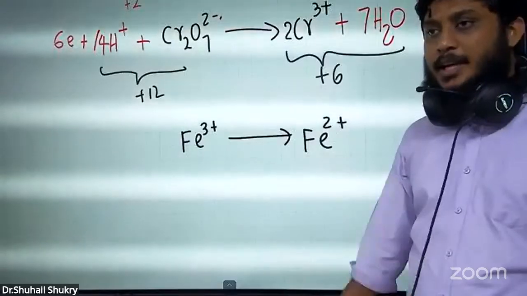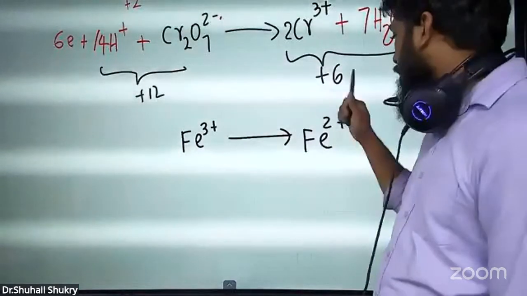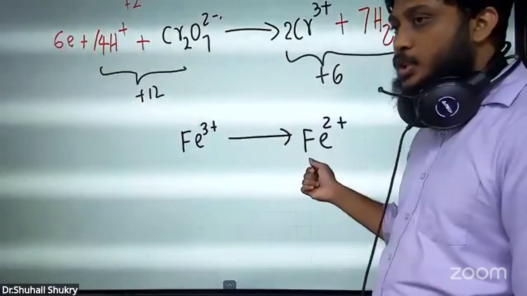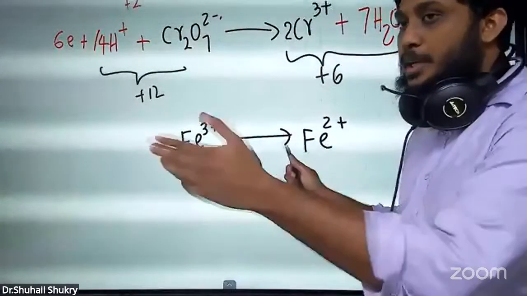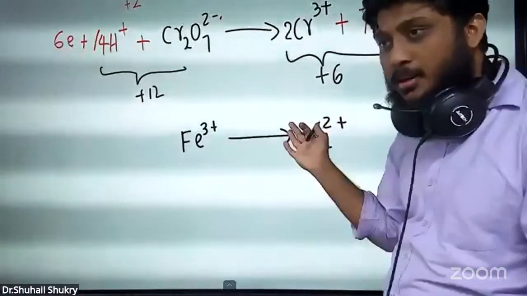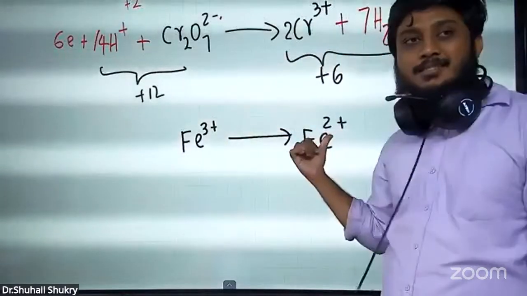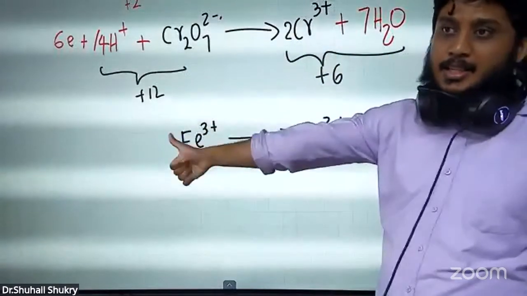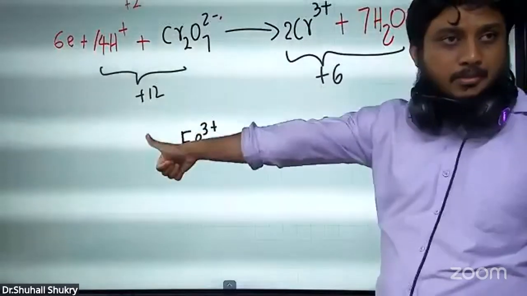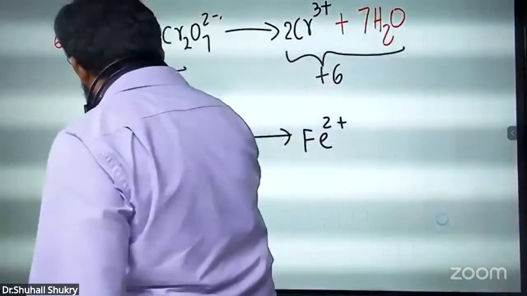So I have to just put the electron. Now what is the charge of this side? Plus 3. What is the charge of this side? Plus 2. In order to balance, where should I put the electron, left or right? Left side. Why? Excess charge in left side. So how many electrons I have to add for left side? 1 electron. Well done. Subject now understood, no?